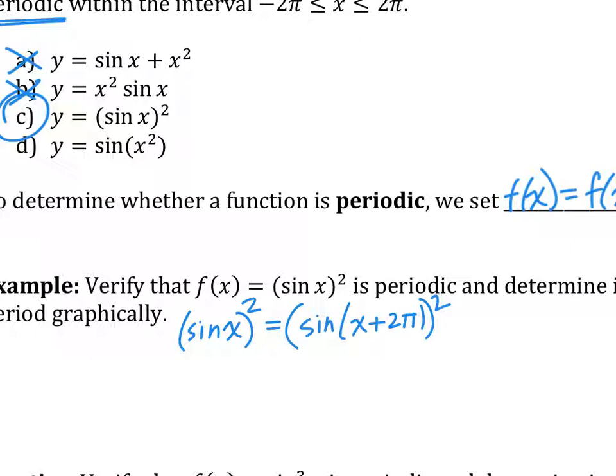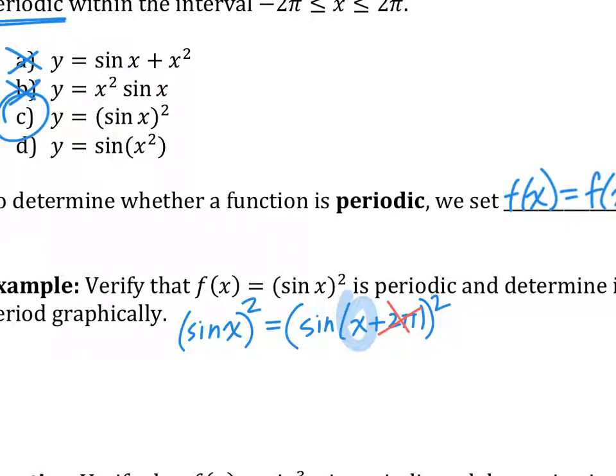Well, let's look. Sine of x plus 2 pi. How often does sine repeat itself? 2 pi. So if that x value here is pi over 2, 2 pi later, which point does it come back to? Same point, right? So then this 2 pi is just unnecessary.